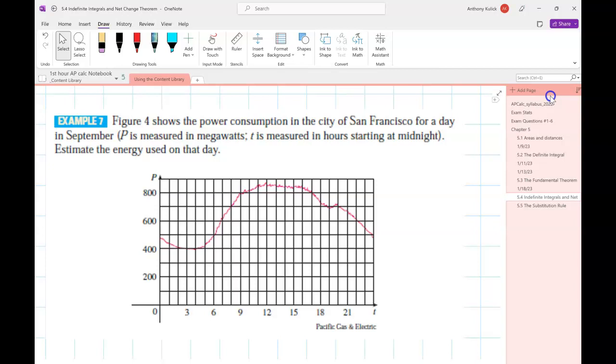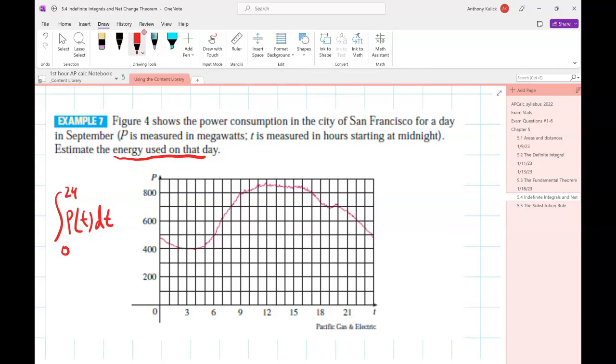What do I want? Well, the energy usage on that day is going to be the integral of P of t dt from 0 to 24, right?